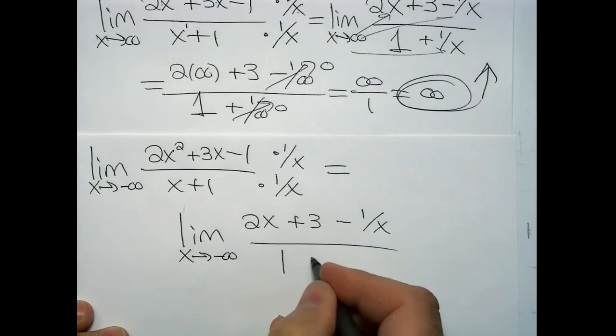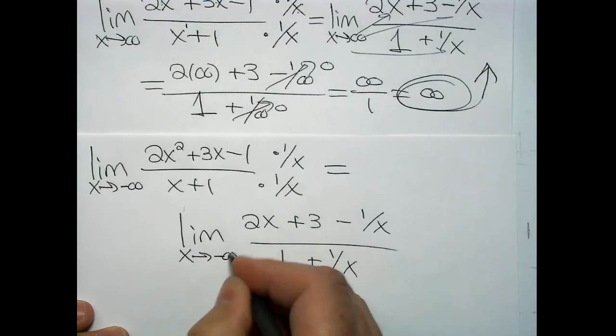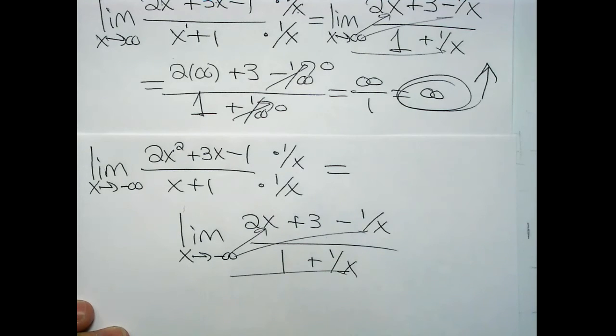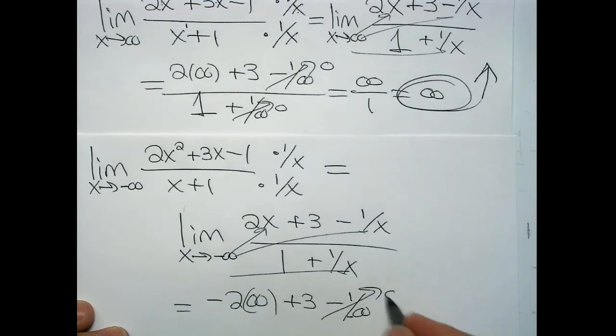Down below, I get 1 plus 1 over x, and now we put negative infinity in here. So we get negative 2 infinities plus 3 minus 1 over negative infinity, which is really plus 1 over. It doesn't matter. It's 0. Down below, you have 1 plus 1 over negative infinity. Well, it doesn't matter. It's 0.